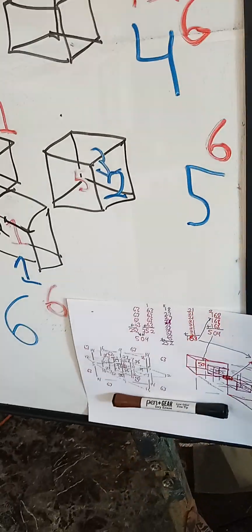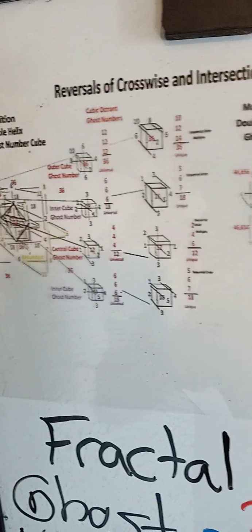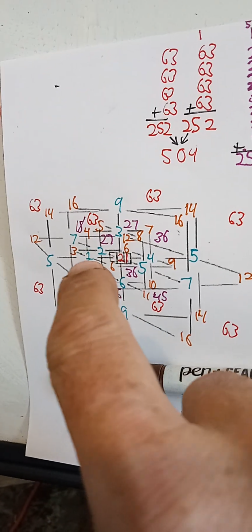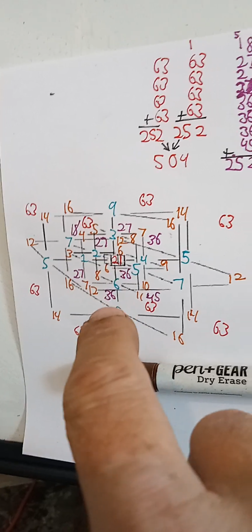And what I'm trying to build up from these cubic octants along the spatial diagonals and the fractal central ghost number cube is a field that I just drew up. And this is like a typical magic ghost number cube, 1, 2, 3, 4, 5, 6.